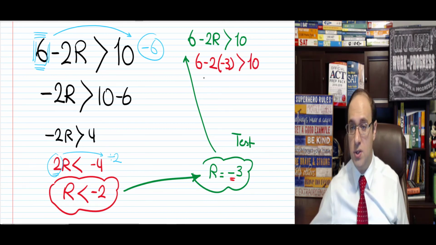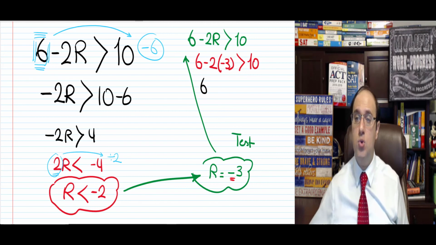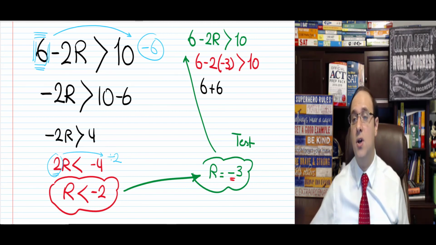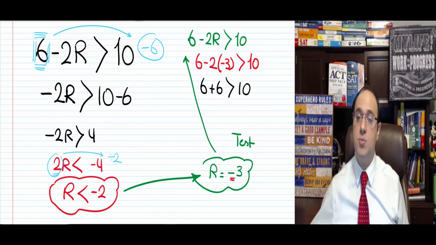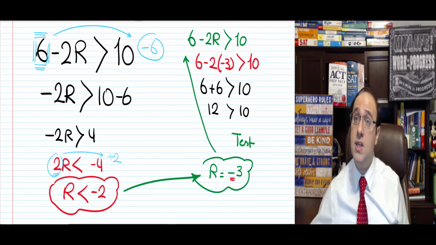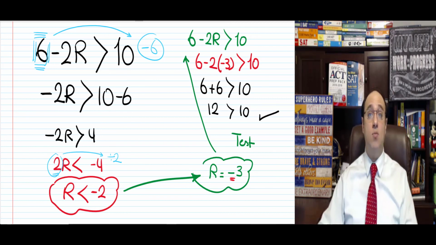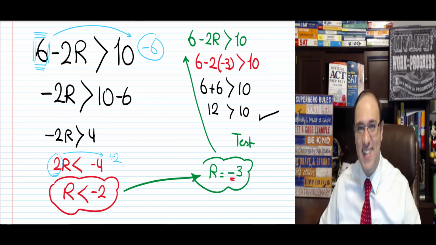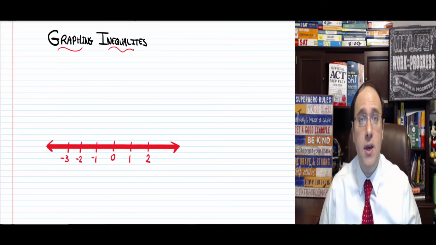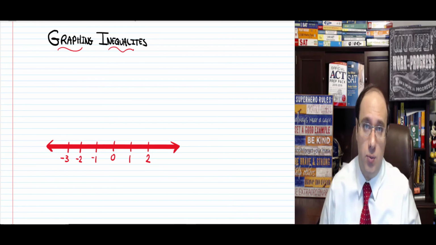So it's 6 minus 2 times -3, which is positive 6, greater than 10. 6 plus 6 is 12. Is 12 really greater than 10? Yes, it is. So I'm right. Easy? Easy. Graphing inequalities is very, very simple.